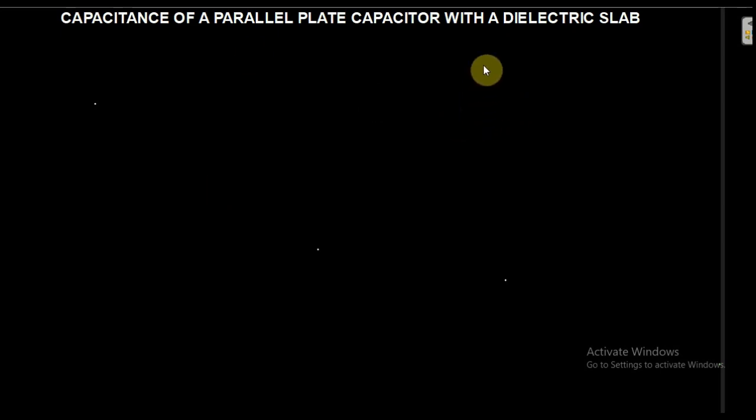So let us consider we have two parallel plates of a capacitor.